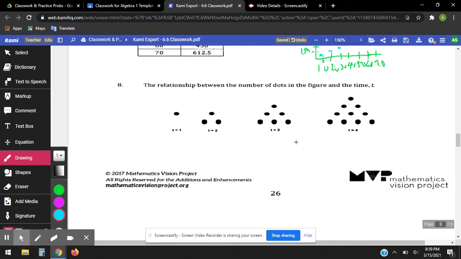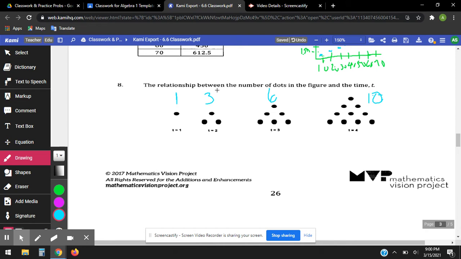All right, relationship between the number of dots and the figure. So figure 1 has 1, 2 has 3, 3 has 6, 4 has 10. So what are we doing here for this one?